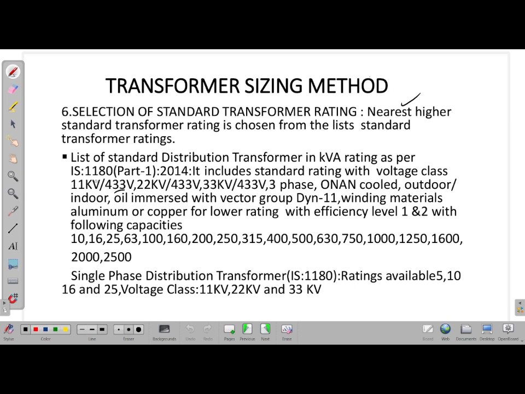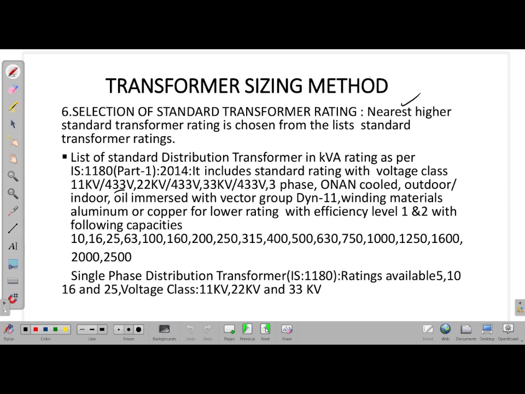In the voltage class, 11 kV by 433 V, 22 kV by 433 V, and 33 kV by 433 V. 3-phase ONAN cooled, outdoor, indoor, oil immersed with vector group DYN11, winding materials aluminum or copper for low rating with efficiency level 1 and 2 with the following capacities. You have to choose this.